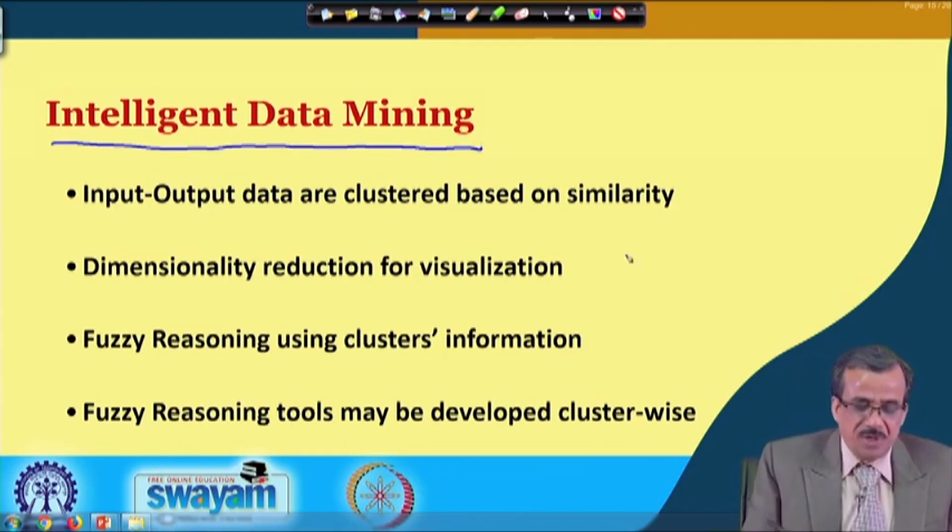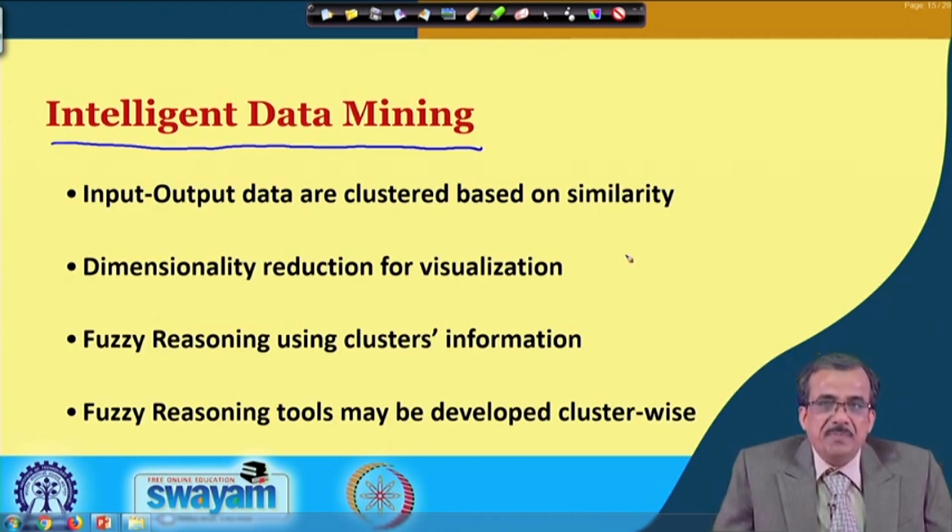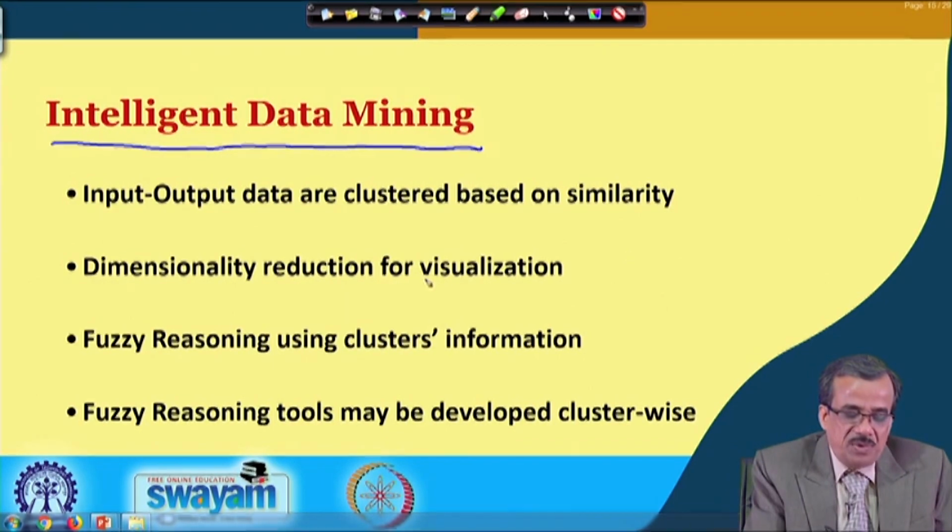Here the input output data are clustered based on similarity. We do some mapping from higher dimension to lower dimension for the purpose of visualization. I have already mentioned that we human beings can visualize only up to 3 dimensions. Supposing that the data are in higher dimension, for the purpose of visualization we will have to do the mapping.